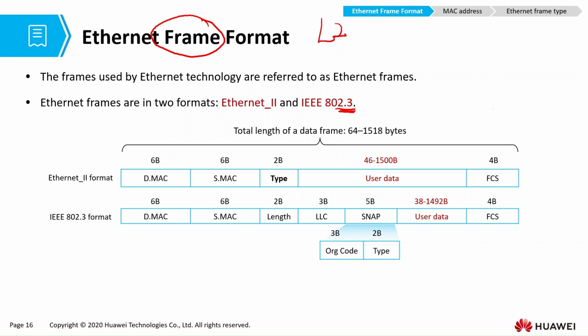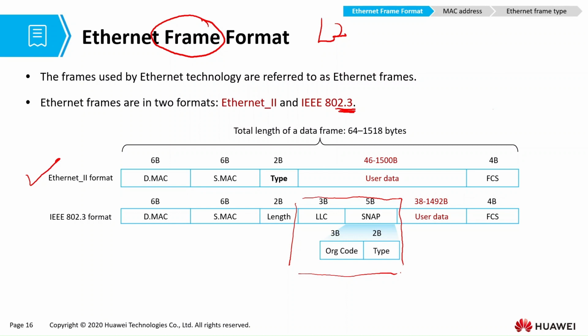Basically, they differ in that IEEE 802.3 has additional information. Which one is widely used in the industry? Most of the time we use Ethernet 2 compared to the IEEE 802.3 format.